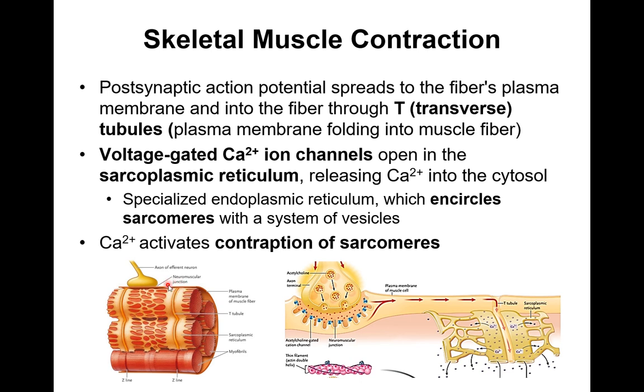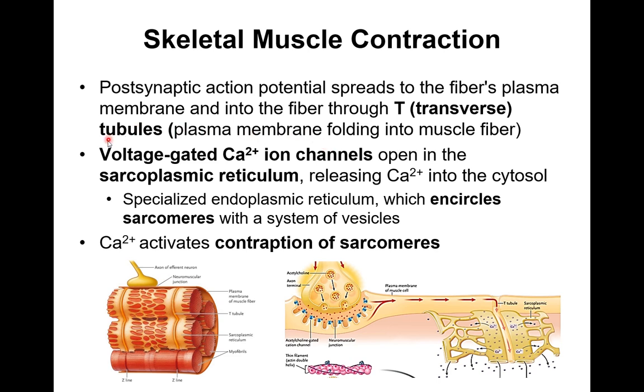So the action potential reaches the sarcoplasmic reticulum, where you have voltage-gated calcium ion channels, similar to the potassium and sodium voltage-gated channels that we talked about when discussing the action potential in neurons.